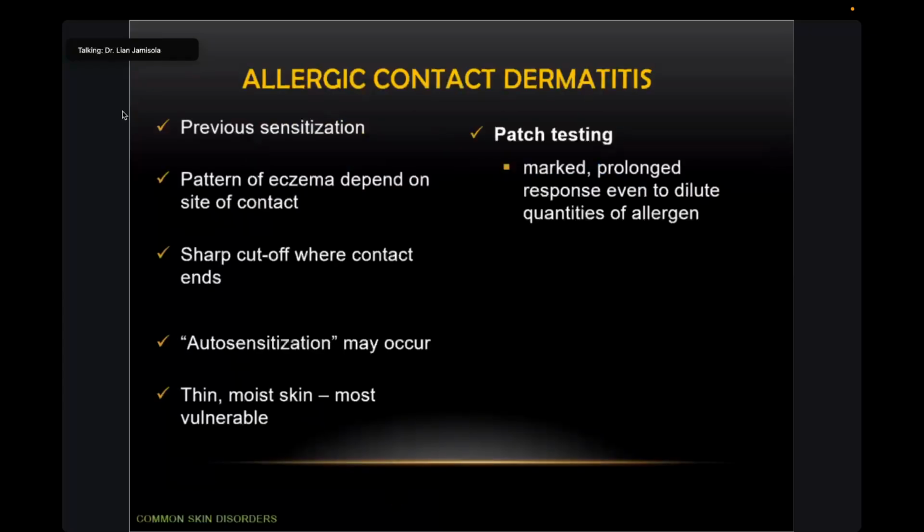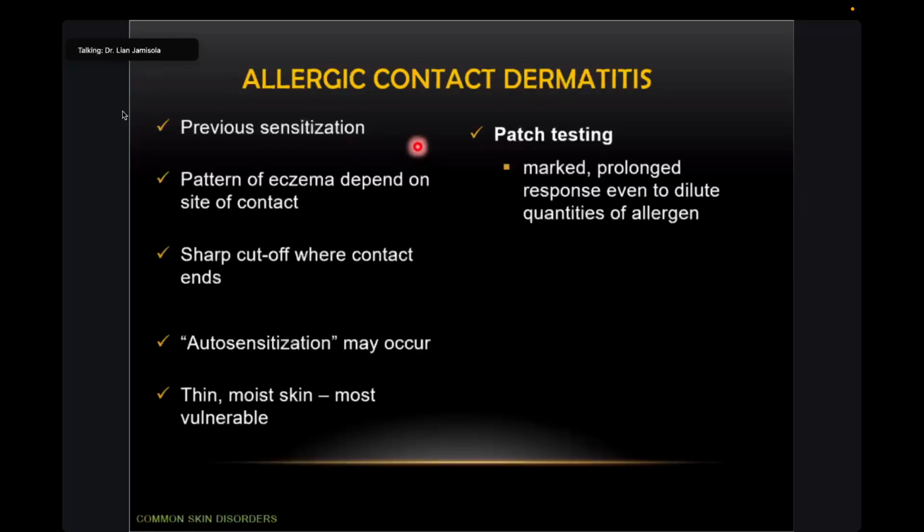Okay, let's start with the allergic contact dermatitis. Because it's a delayed type hypersensitivity reaction, it needs previous sensitization, meaning you were already exposed to this before, but you did not react initially, because it's delayed type.